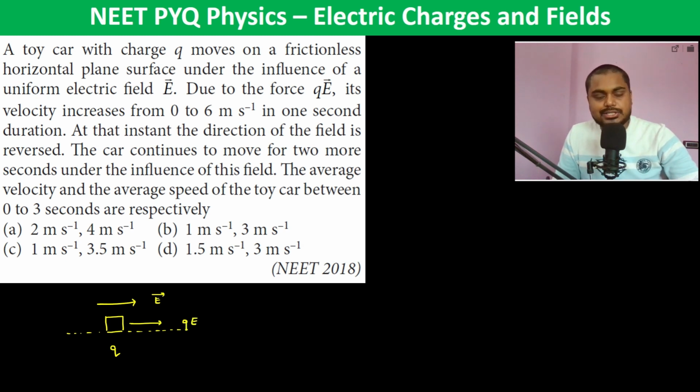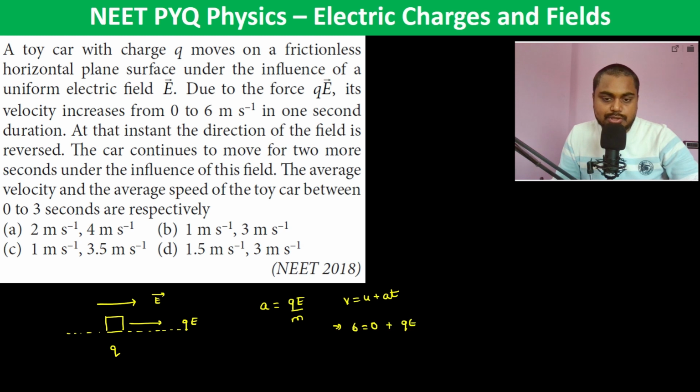Its velocity increases from 0 to 6 meters per second in 1 second duration. So the acceleration is going to be constant, which is QE by m, where m is the mass of the toy car. Now V is equal to U plus AT. Initial velocity was 0, so 6 is equal to 0 plus A, which is QE by m, into T, which is 1. So QE by m is going to be 6.